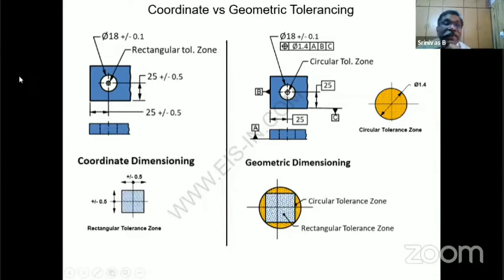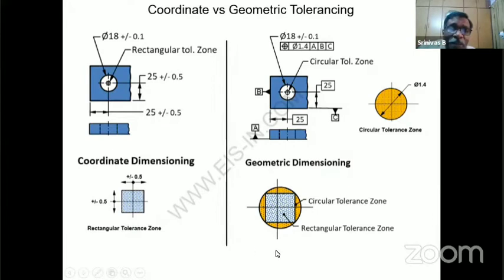See, in the olden days, in the past, we used to reject the parts if the hole axis is falling in this particular sector, in this particular segment. But honestly, rationally, if the hole axis is anywhere in this circle of 1.4, it must be acceptable. Am I right?